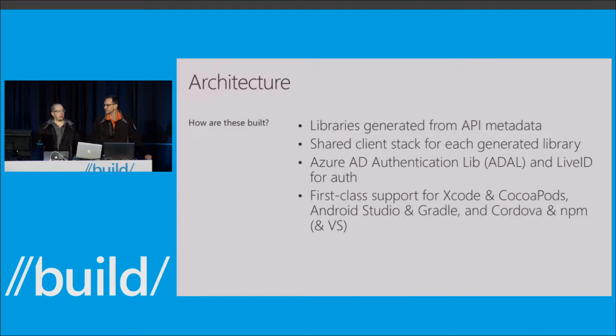So just a quick intro to how the libraries that we use are architected. First of all, we've introduced an engine, a framework, which takes the APIs, takes the metadata from the APIs, and actually creates the top layer libraries that you use. So the libraries are meant to kind of mimic the REST surface one-to-one.